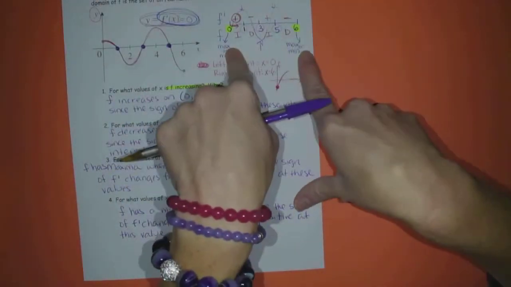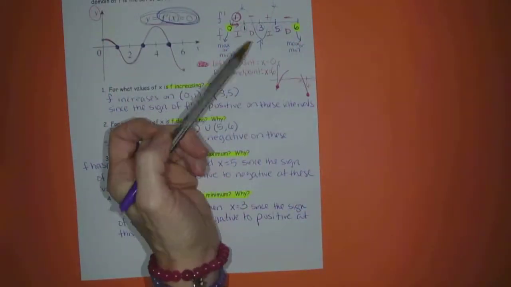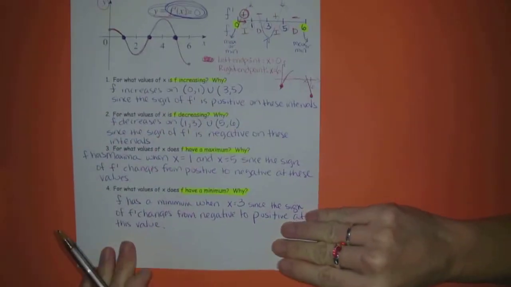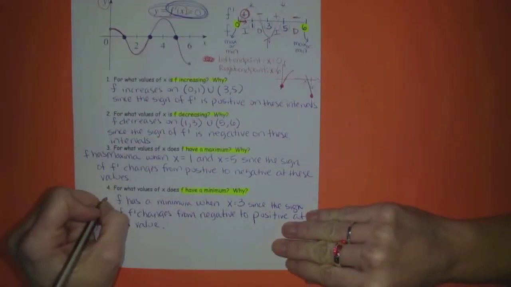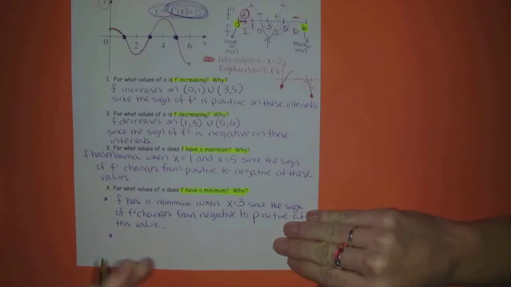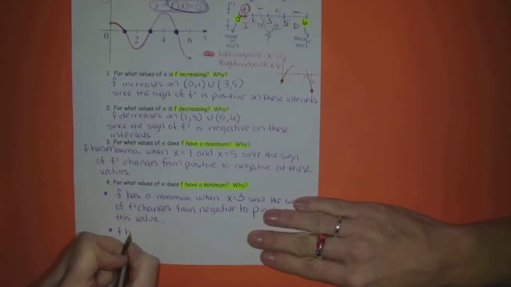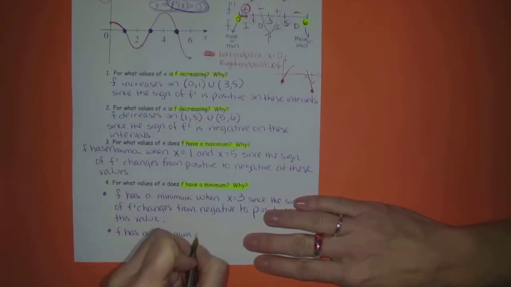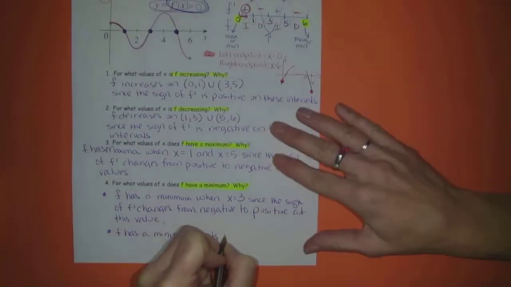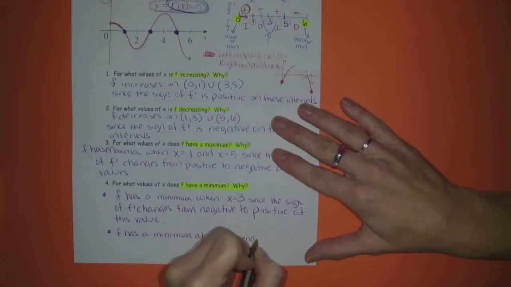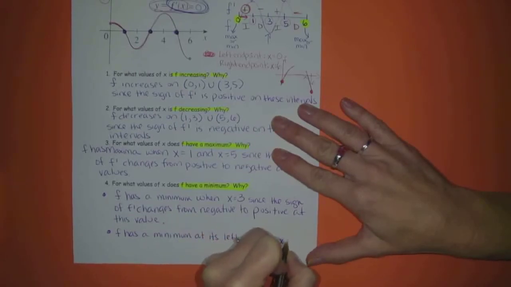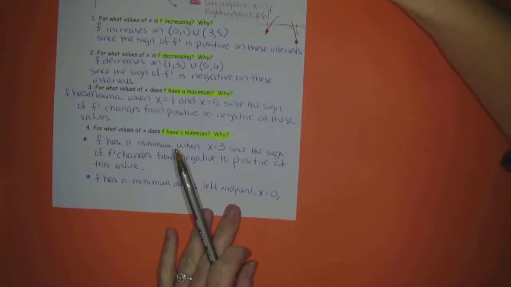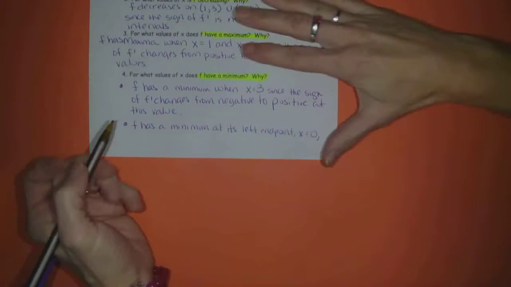And the way that I justify it, the notation will look a little different, and it'll be right off that pink sheet that we worked on the other day. So this was kind of like the first one. Here's my next one. f has a minimum at its left endpoint, x equals 0. So there I'm just establishing where it is. Now I'll say why.